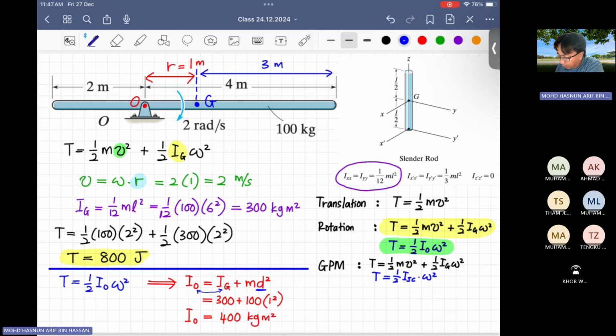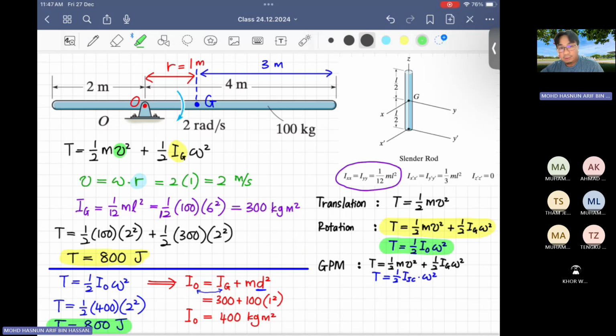Once we have IO, we can go back to this: T is equal to 1 over 2 times 400 times 2 square, which gives T equal to 800 joule.